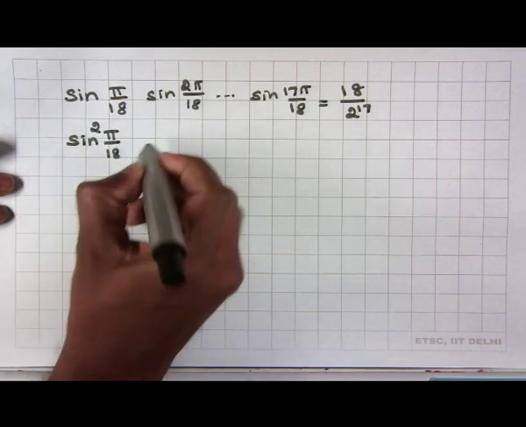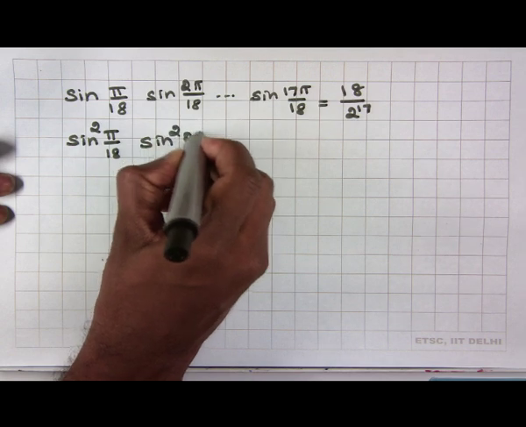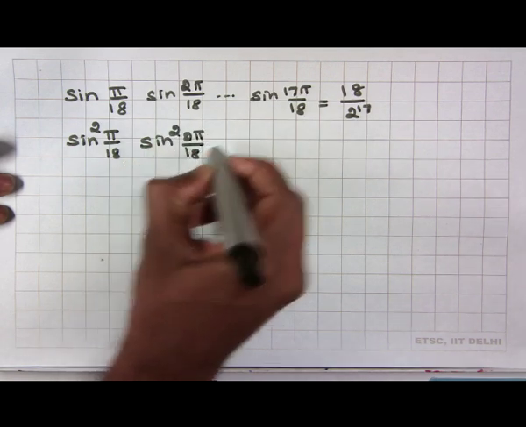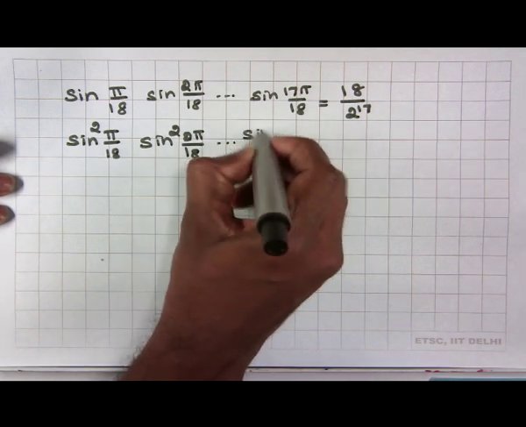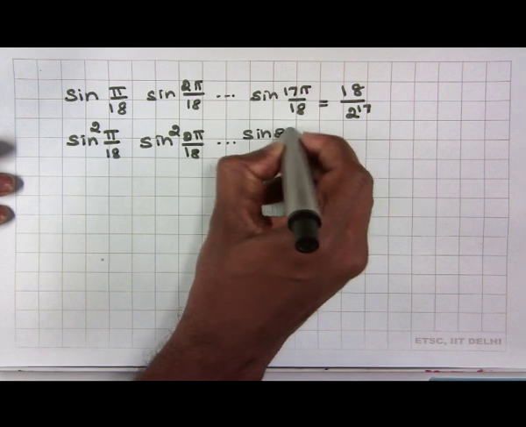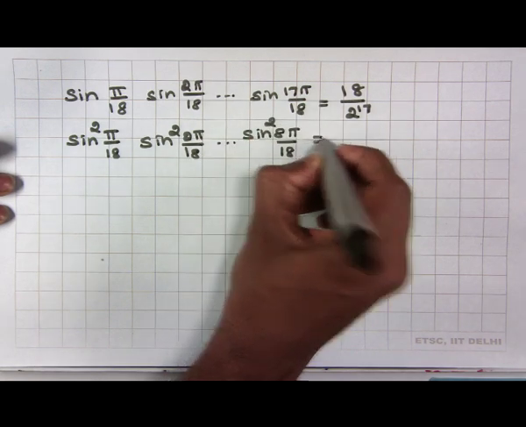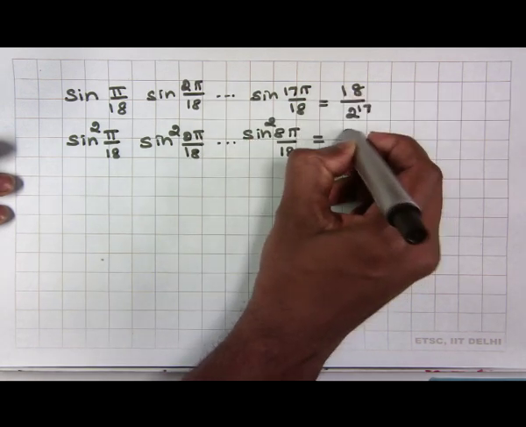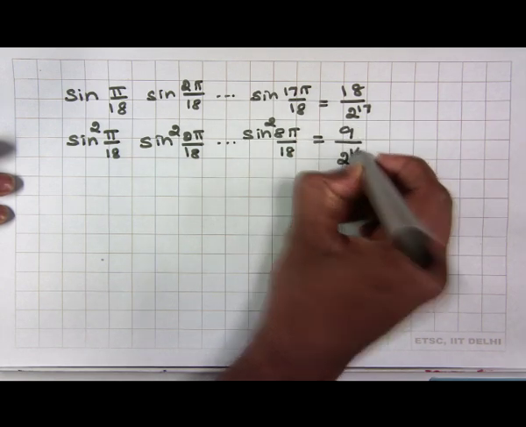So, we get sin square pi by 18, sin square 2 pi by 18, till sin square 8 pi by 18, which equals 18 by 2 to the power 17, and we can cancel the common term, which gives 9 by 2 to the power 16.